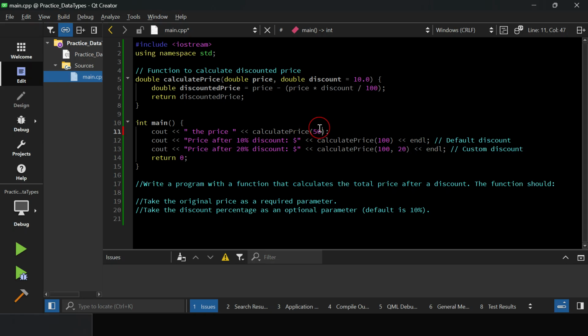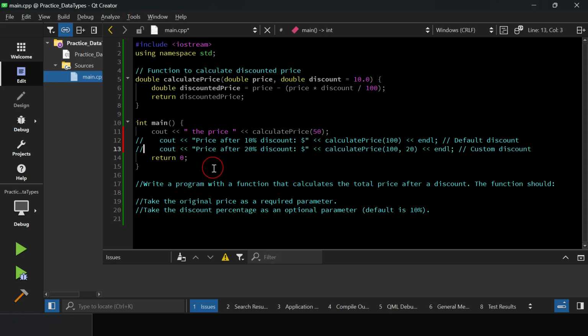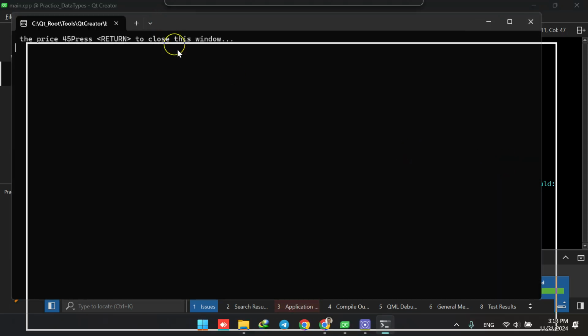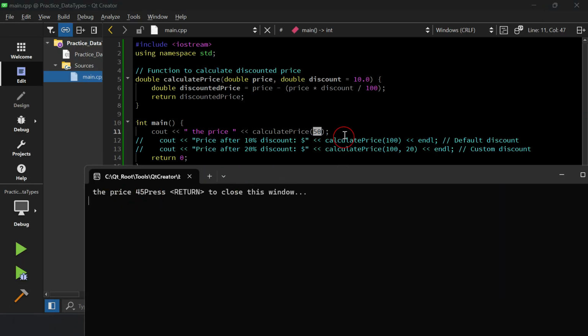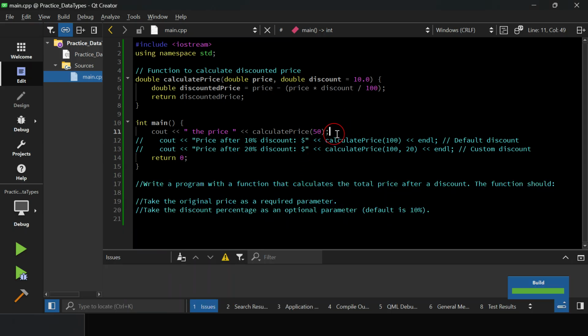Let me comment these two lines. If we have one argument like this, it is going to put 50 as the price and 10 as the discount by default. Let's run. Okay, we see that the price is 45. Let me print the cout so it goes to the next line. It would be nicer.